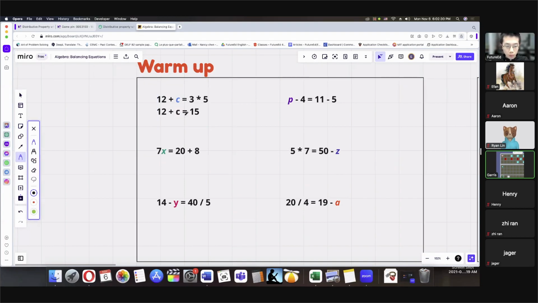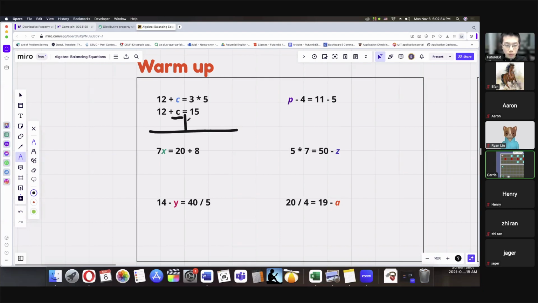So remember, when we isolate C, we only want the C on one side, okay?